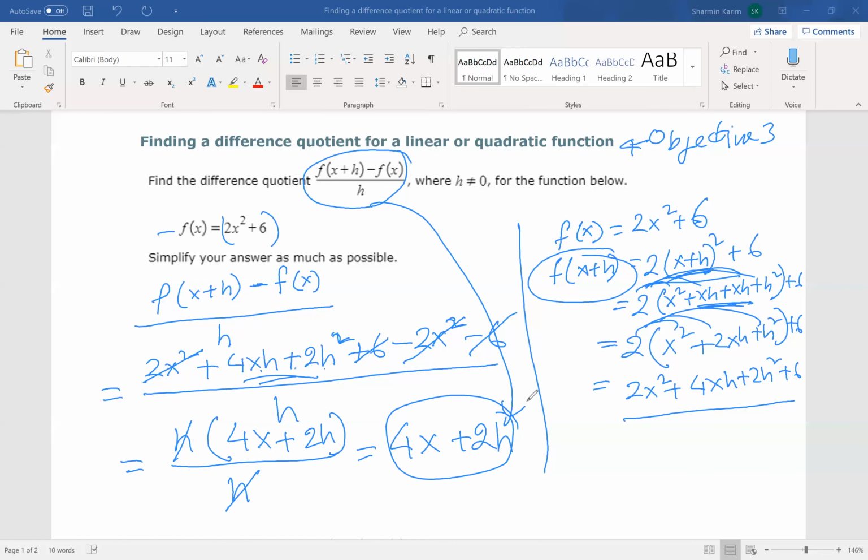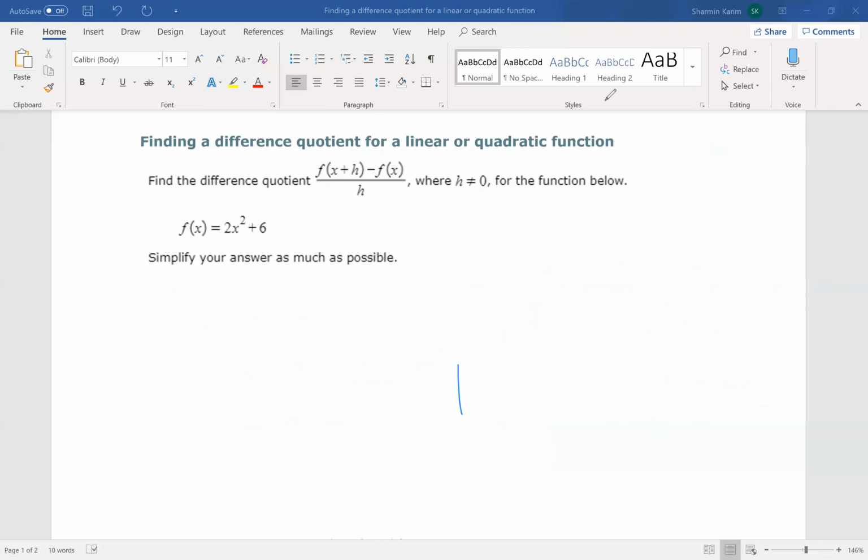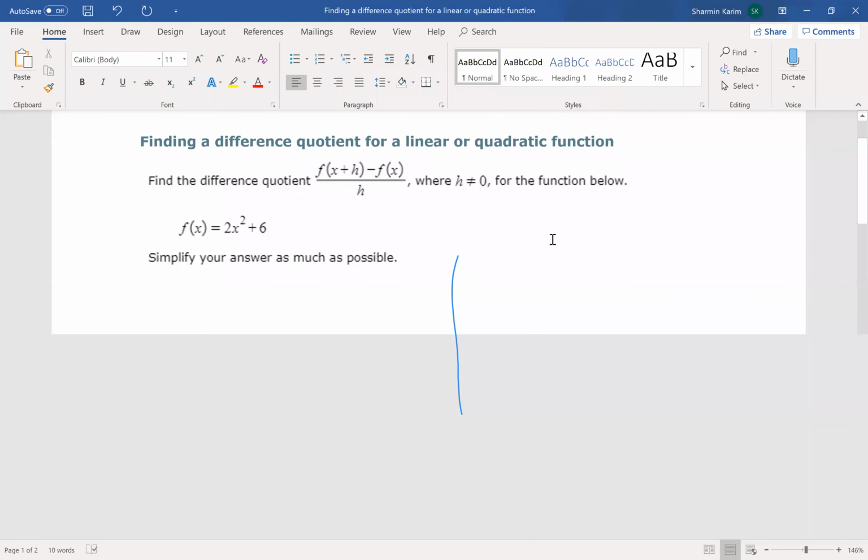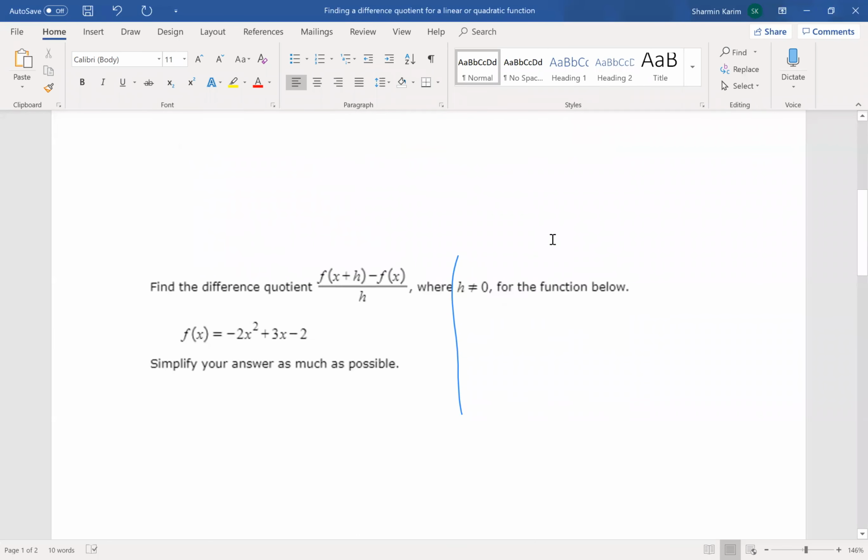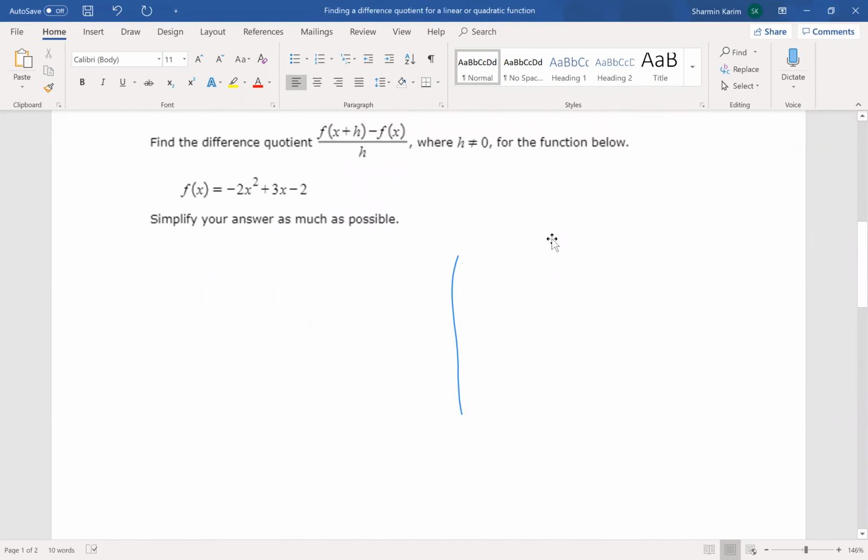Let's look at another example. So, a little bigger quadratic function now, and we are looking for the same thing, f of x plus h minus f of x over h.